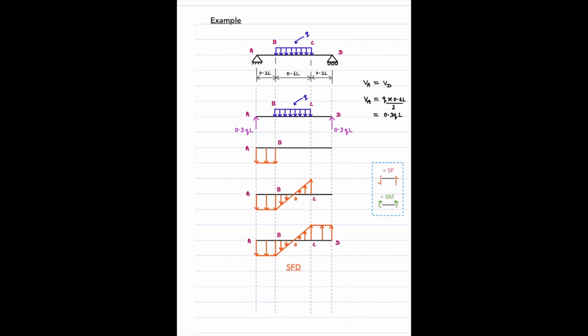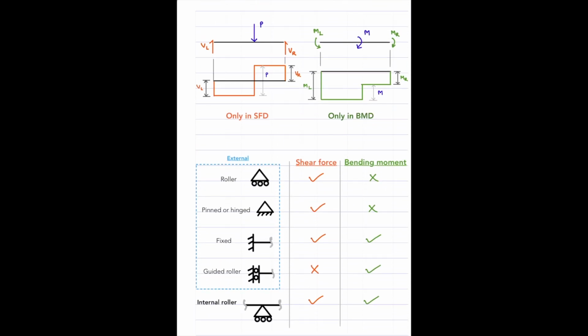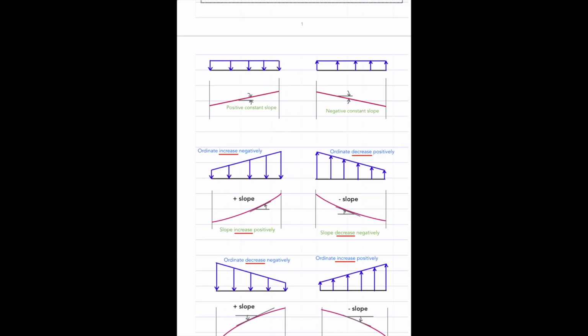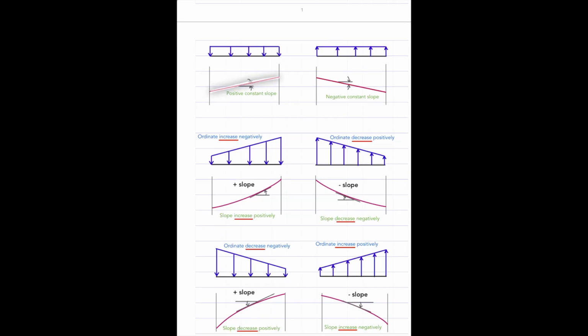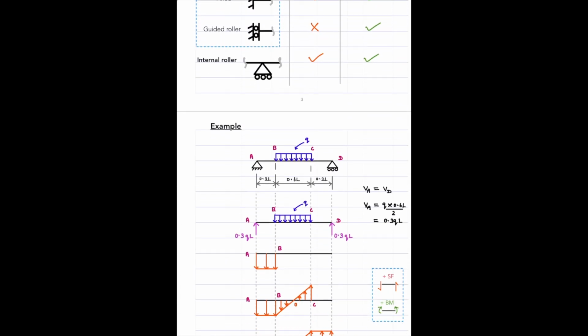Now we see that this UDL is beginning here, right? Now we have said that if we have a UDL which is directed downwards, then the next diagram, which could be a shear force or bending moment diagram, should have a variation like this, right? So that's what we are going to use here.